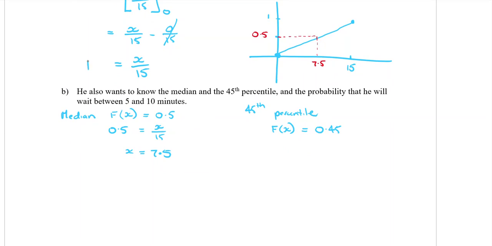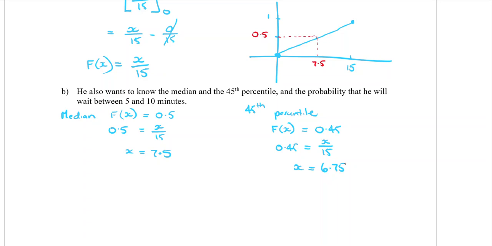I'm going to sub that into this capital F of x equation over here. Okay, that is 0.45 equals x over 15. So what does x equal? Times the 15 over. 0.45 times 15 is 6.75. Okay, so the median time that he would have to wait is 7.5 minutes. The 45th percentile means that he's waiting 6.75 minutes.